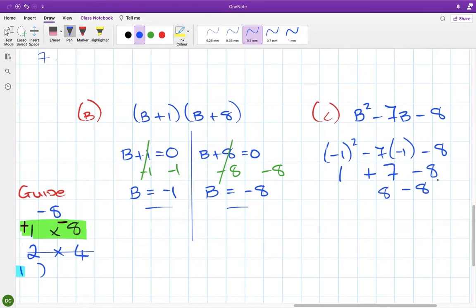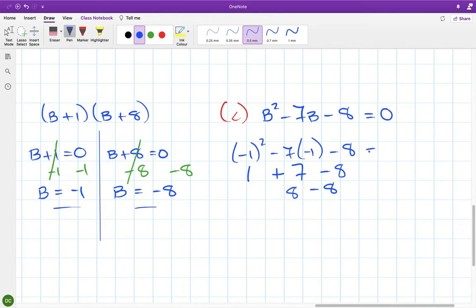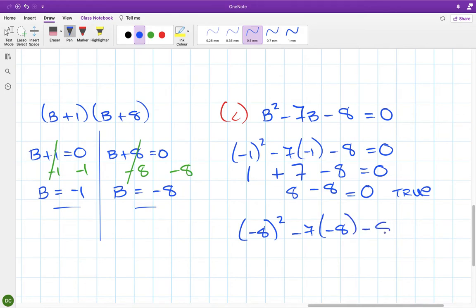So 8 minus 8, and we're trying to prove that it equals 0. And 8 minus 8 does equal 0, so that one's verified. And then the other one is minus 8 squared minus 7 times minus 8 equals 0. Minus 8 squared is plus 64. The two minuses make a plus, and that's 56. And then minus 8.